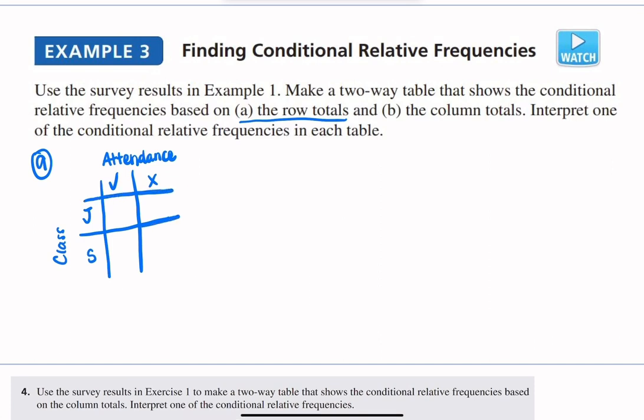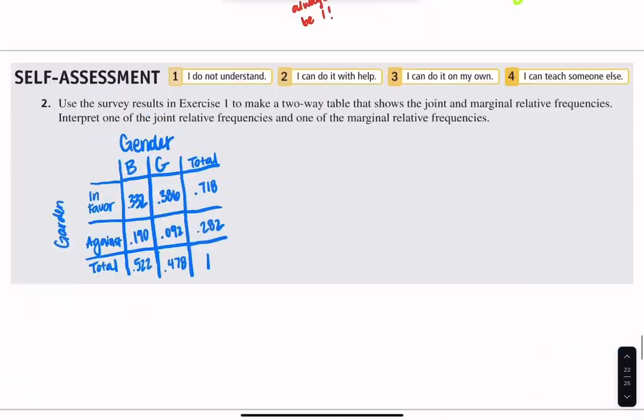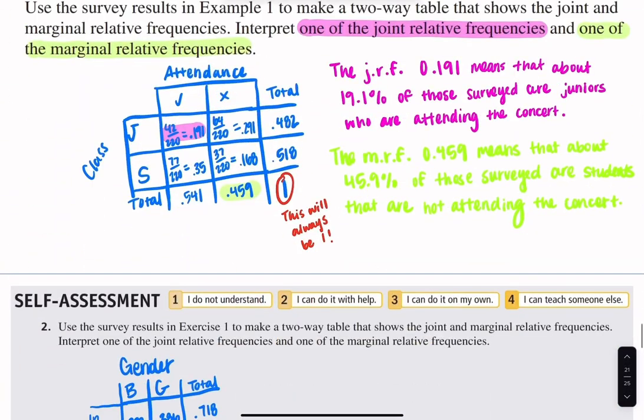All right, so to fill in these tables, I'm going to go back to example 2, and I'm using my marginal relative frequencies. So juniors attending, that's 0.191, and I'm using my row totals right here.